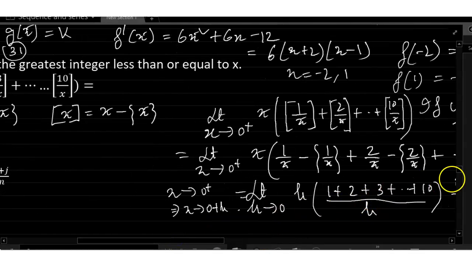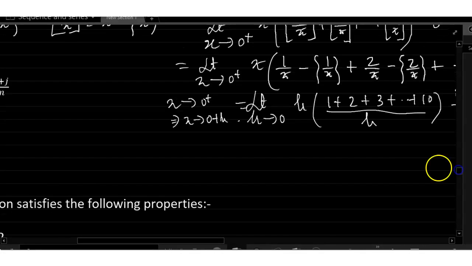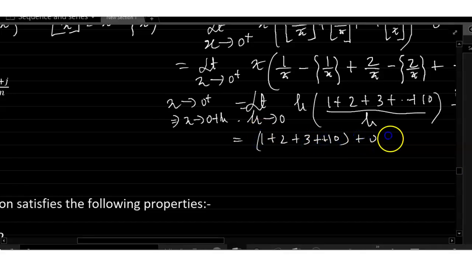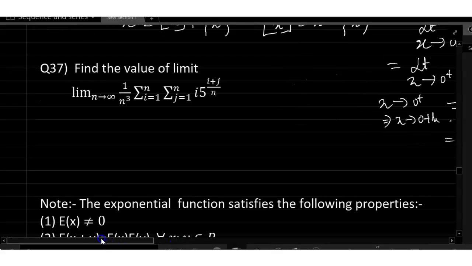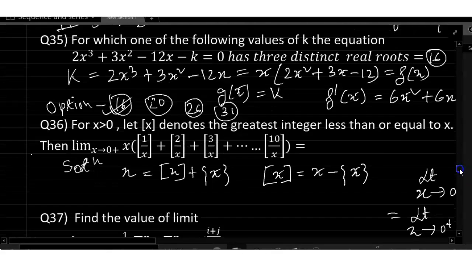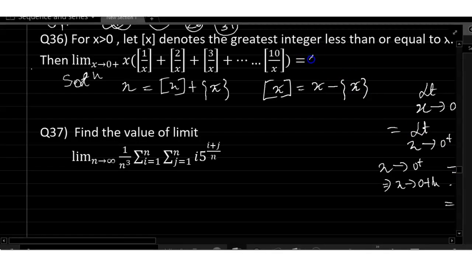So my possible value is 1 plus 2 plus 3 up to 10 plus 0 equals 10 into 10 plus 1 divided by 2 plus 0 equals 55. So my answer is 55.